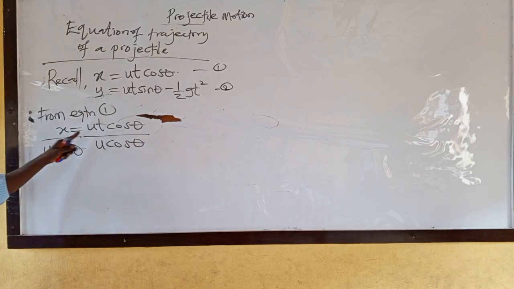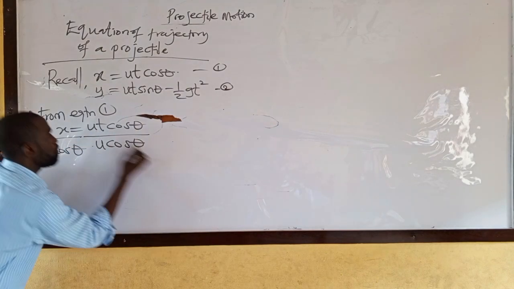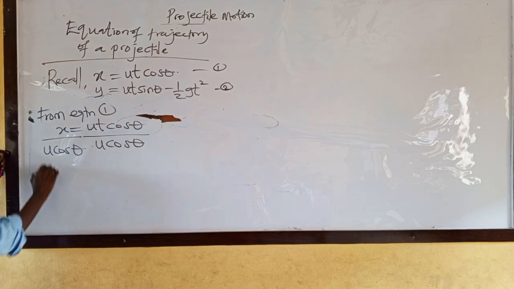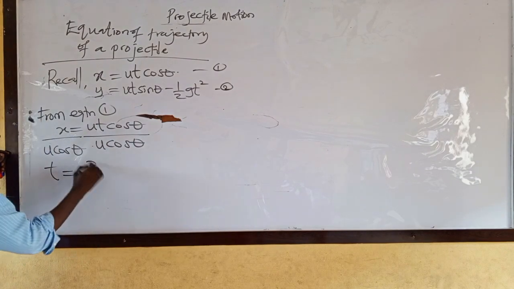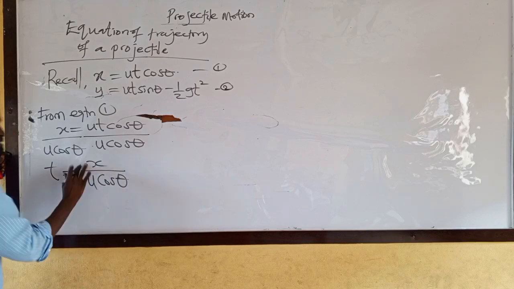I want to eliminate t, so I make t stand alone by dividing by u cos theta. This cancels, so t will be equal to x all over u cos theta.